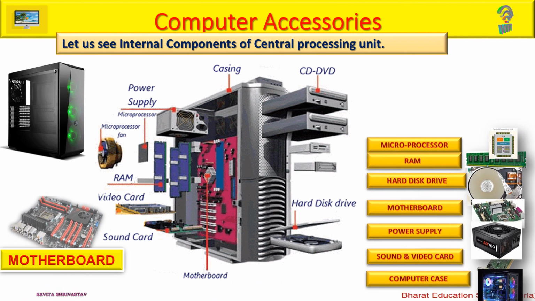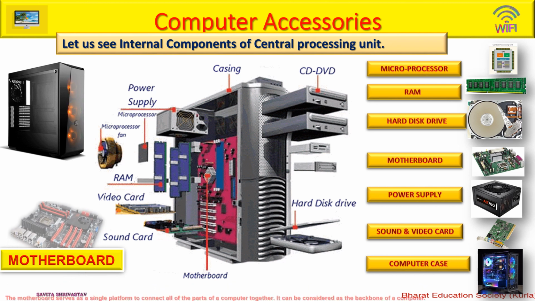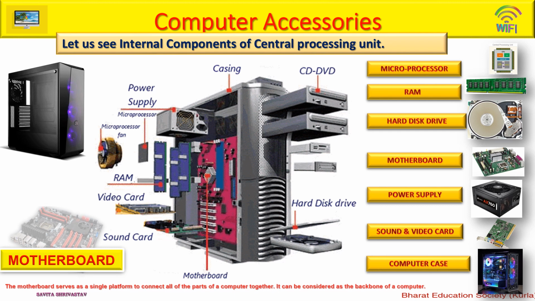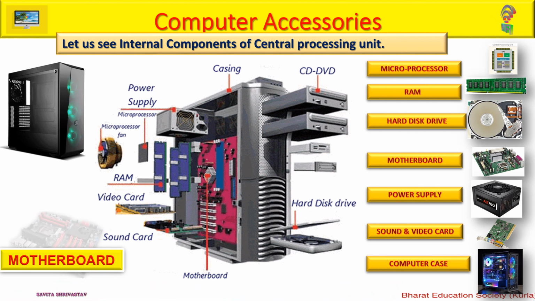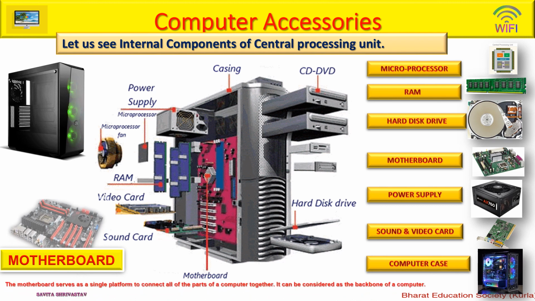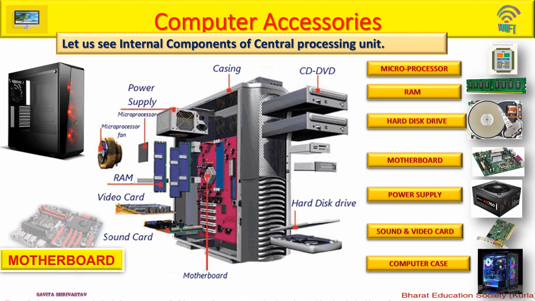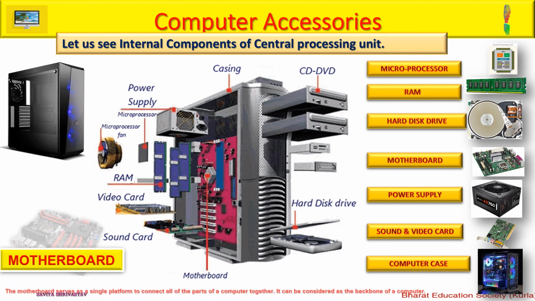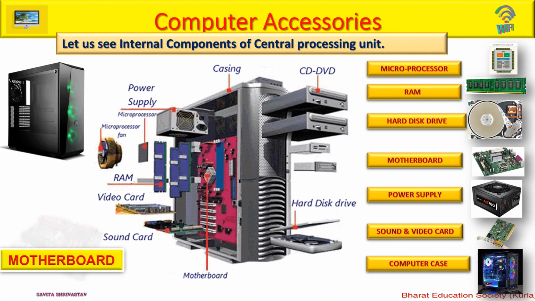So let us see the internal components of the central processing unit. They are processor, RAM, hard disk drive, motherboard, power supply, sound and video card, computer case, microprocessor fan. From all those components, the main component is called the motherboard. The motherboard serves as a single platform to connect all the parts of a computer together.